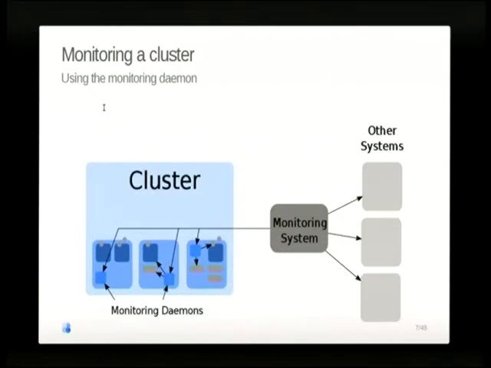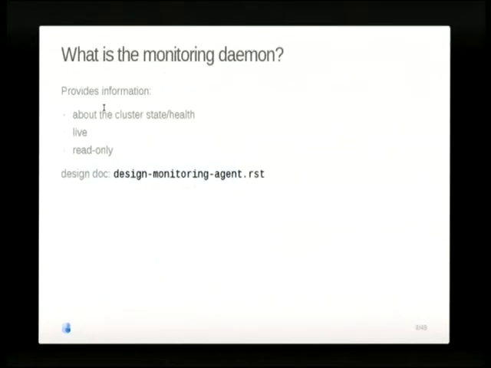So you call your hardware people and you say, go replace that node because it doesn't work. It gives you information about the health and the state of the cluster. The state is general things that are happening, whether or not they're bad, and the health is, are things okay or not? It gives you very live information, as up to date as possible, and it gives you exclusively read-only information. You can't do anything on it.